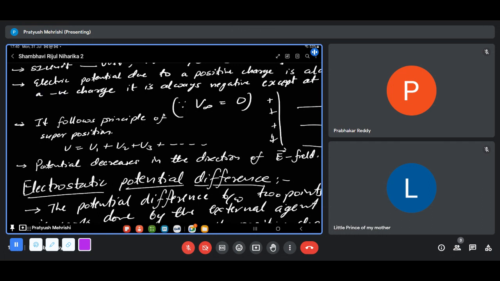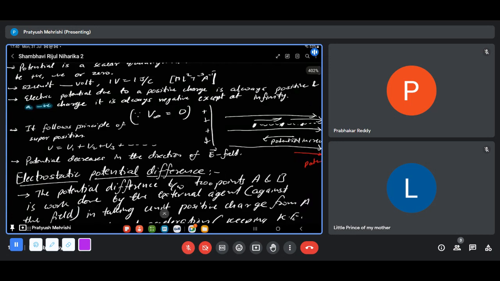By principle of superposition, we mean that the potential will be directly added up. V equals V1 plus V2 plus V3. If we need to find out the potential of all the charges taken together, then we will directly find out the potential of each charge and add it up. Okay, that is called principle of superposition.